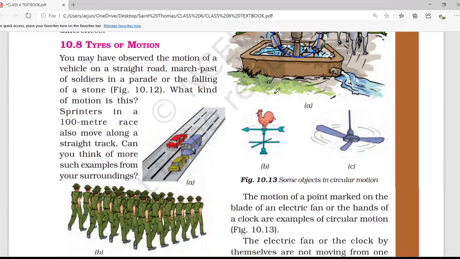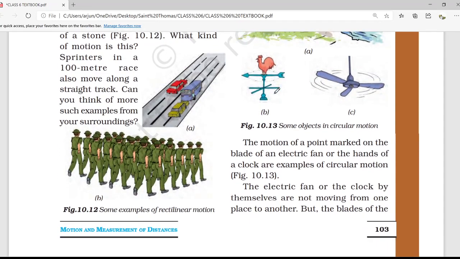Here the next examples, B and C, are also given. Let's see example C. The fan always moves in a circular motion, right? The motion of a point marked on the blade of an electric fan or the hand of a clock are examples of circular motion. The second hand or the minute hand in our clock is in circular motion.